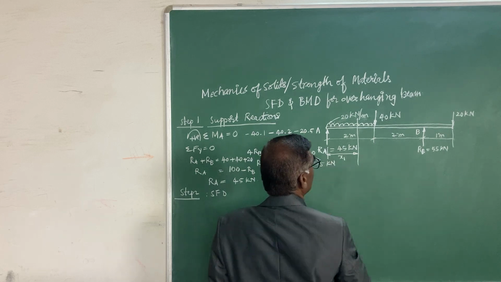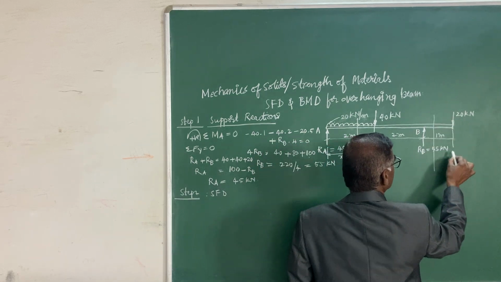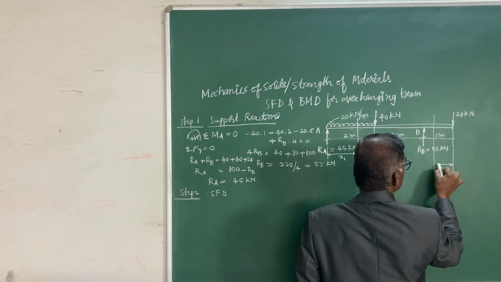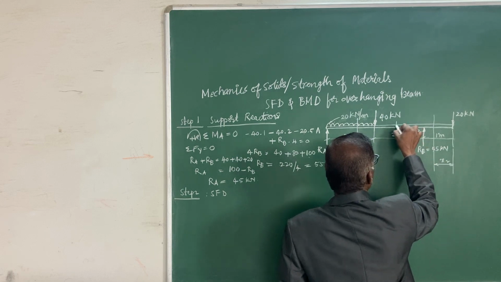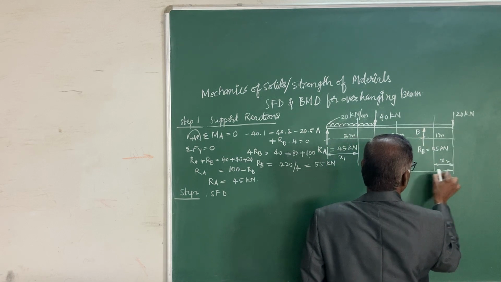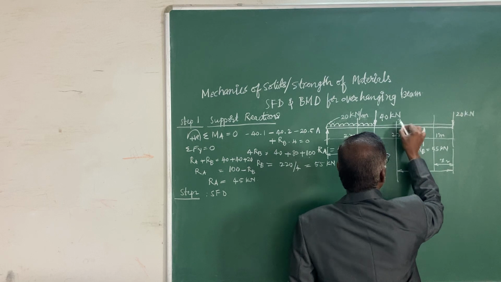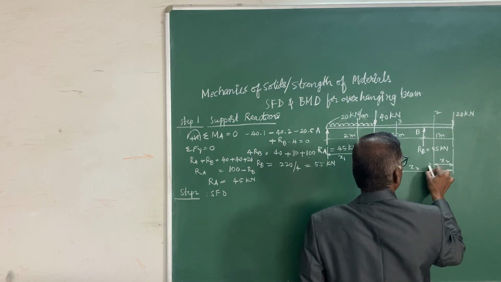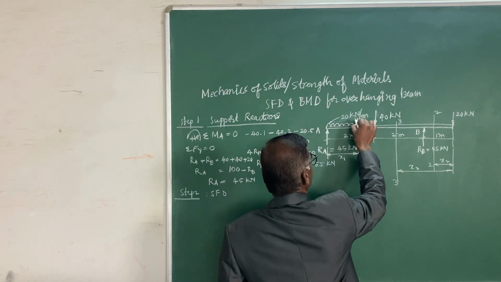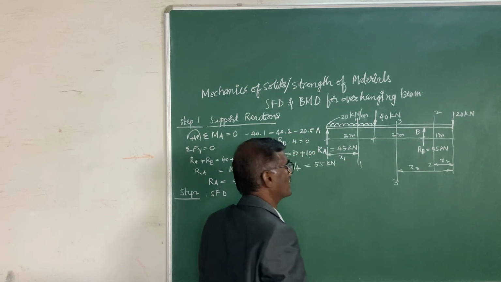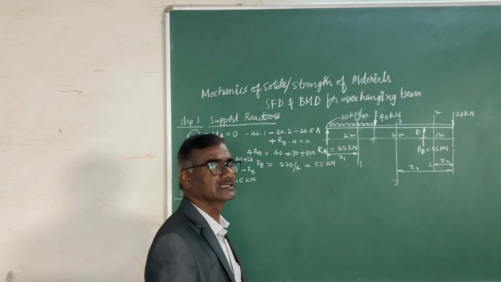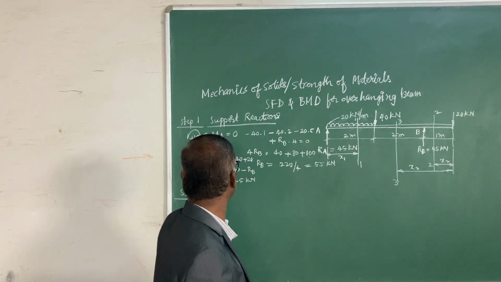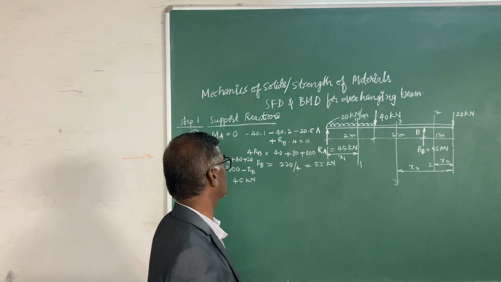This is x1, and let me call from the right x2, and the third section is x3. So there are 3 sections: this is 3 and 3, distance x3, this is 2 and 2, distance x2, and this is 1 and 1, distance x1. With these 3 section lines, let us write shear force equations as well as bending moment equations.